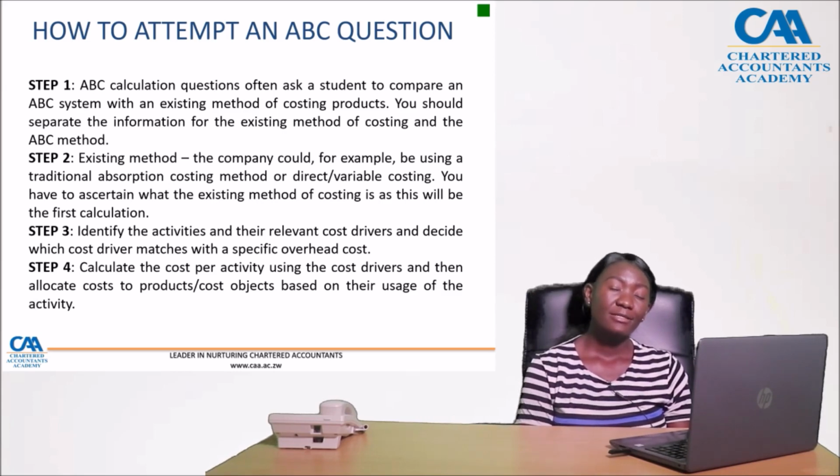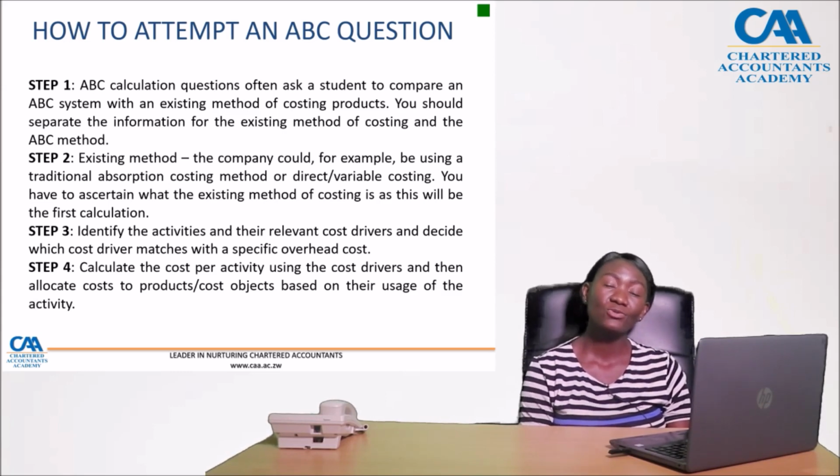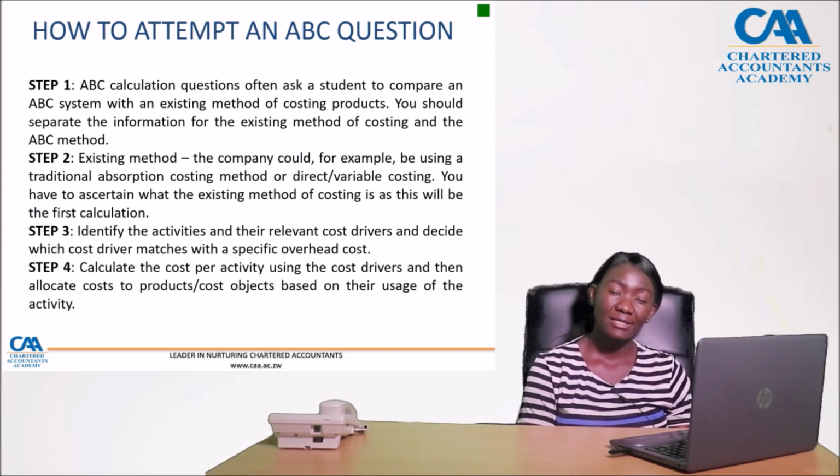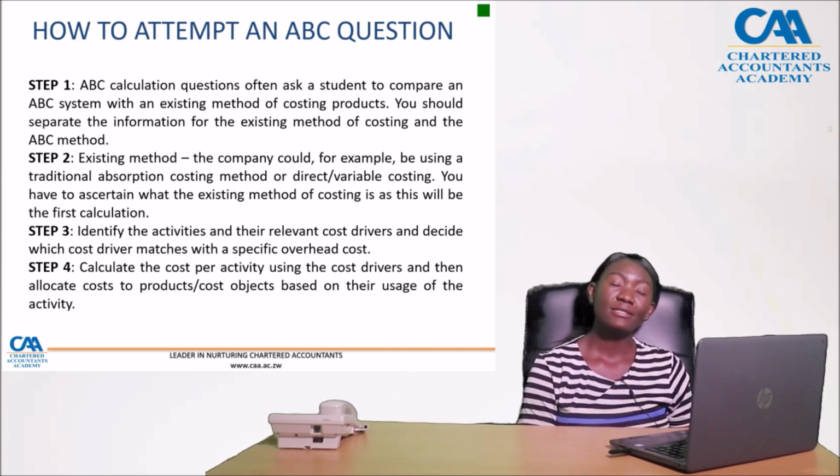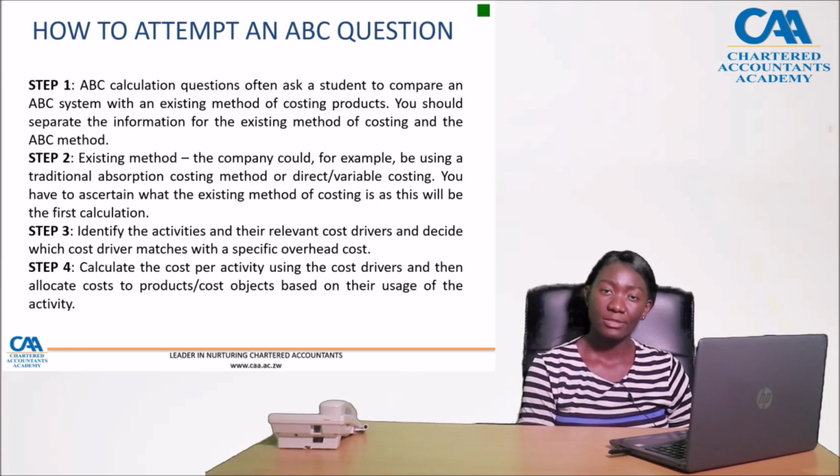You can establish that maybe your profitability can increase, or maybe you can decide to discontinue a certain product which you thought was profitable. But now using activity-based costing, you establish that it was the product which was absorbing the most activities which are driving more costs.